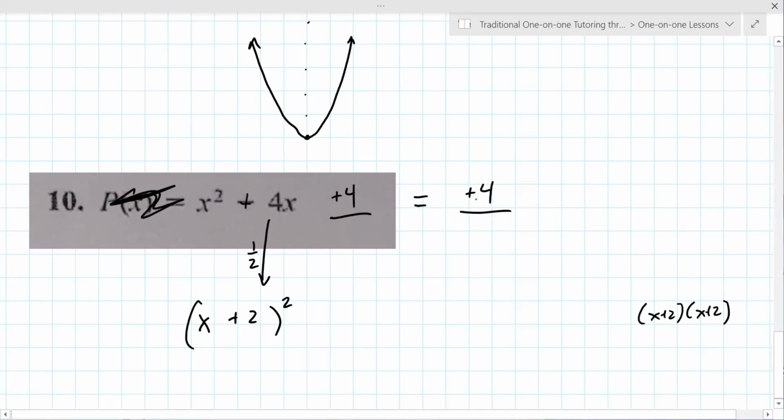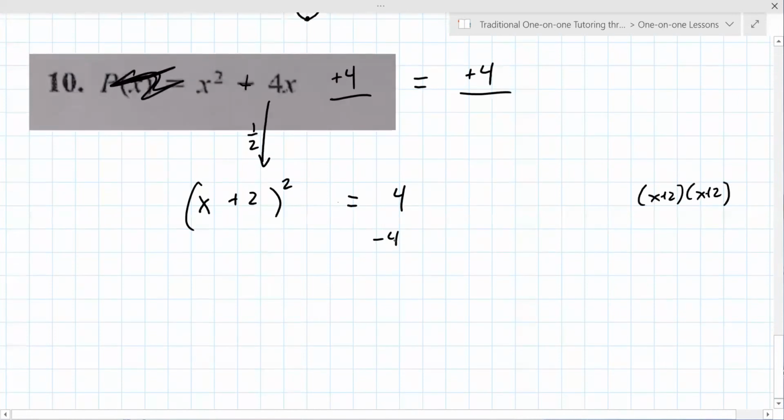Like if you put it here, you have to also put it here. And that's why I put the lines there like that so that you see that. Okay. Notice if you subtract 4 from both sides, you get back to the original, which is what is supposed to happen. So you currently have x plus 2 squared equals 4. You do subtract 4 from both sides, but you don't do it in this expanded form. It's in this vertex form. Okay. And then you bring this p of x down.